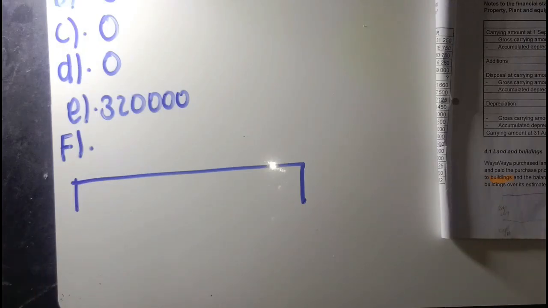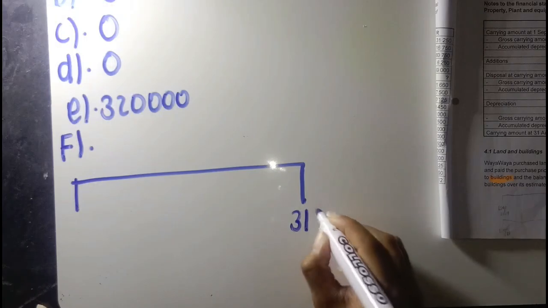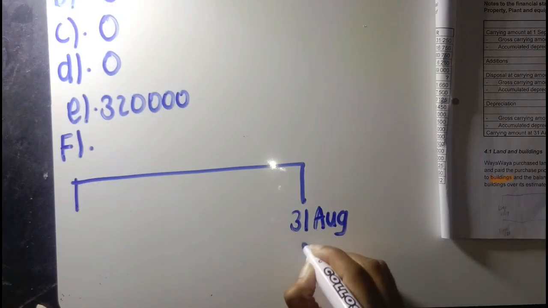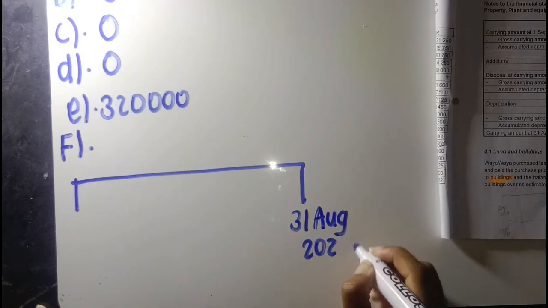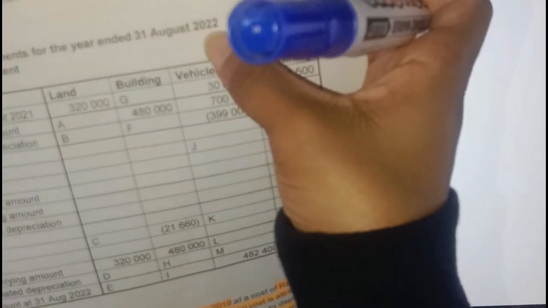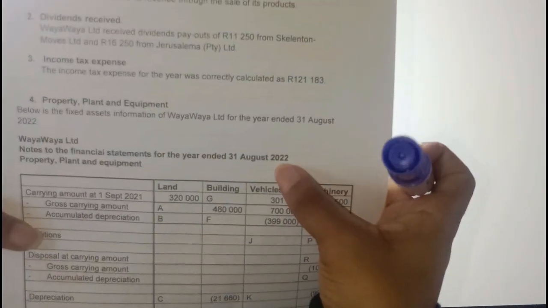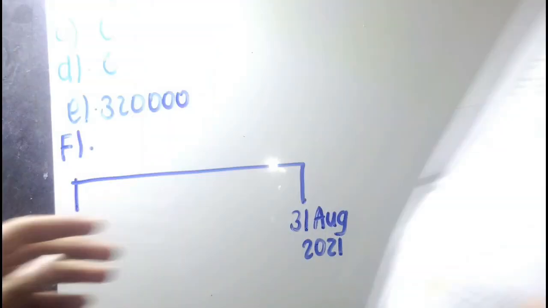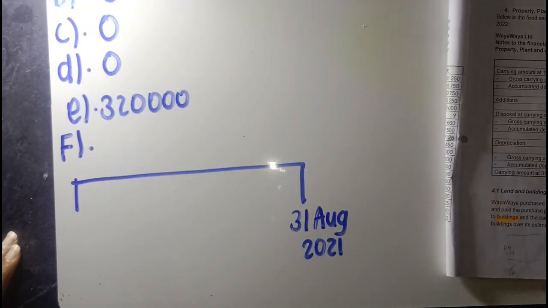So start with the year, not the current year, the previous year, right? So you're going to say 31 August 2021, because the current year is 2022, but we're starting with 2021 to check how much depreciation it accumulated over the years.